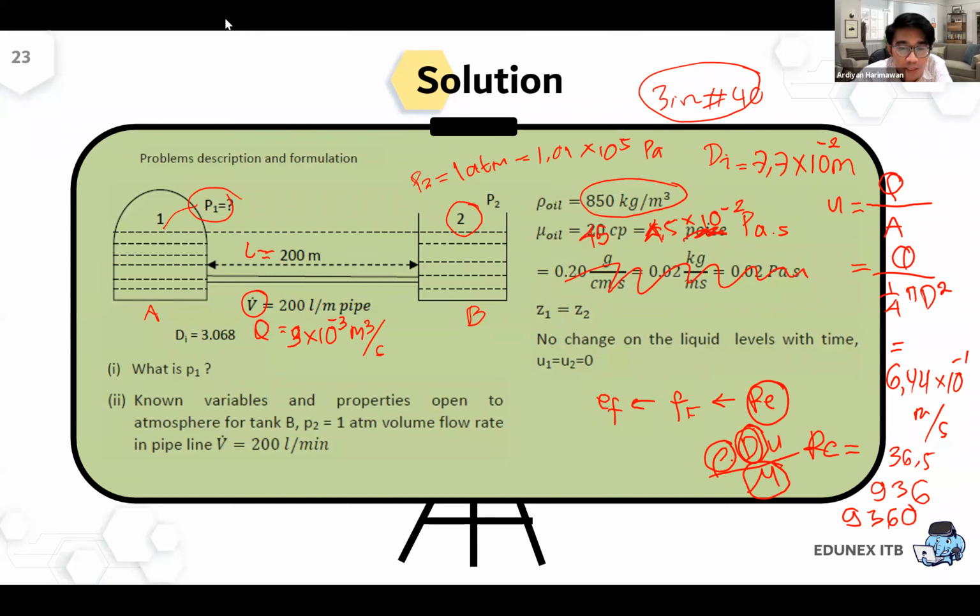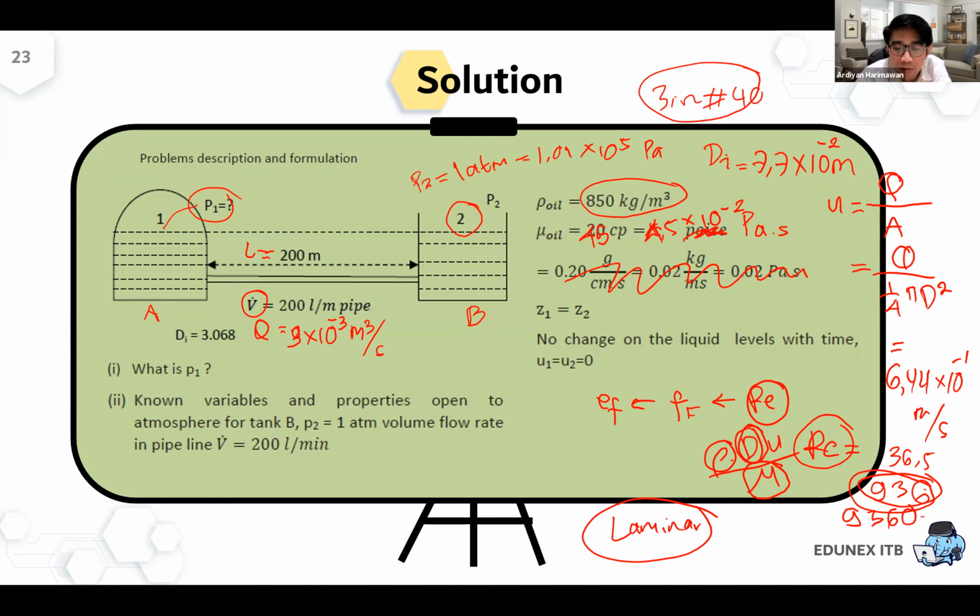So if you have 936 for the Reynolds number, the flow regime will be laminar, right? It's very, very small. Unless it is 9,360, it should be turbulent already.